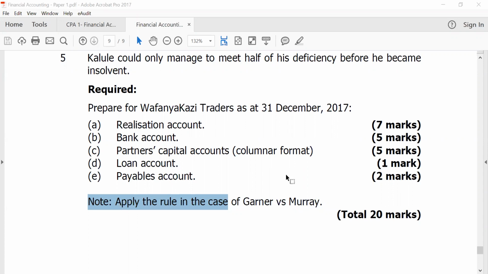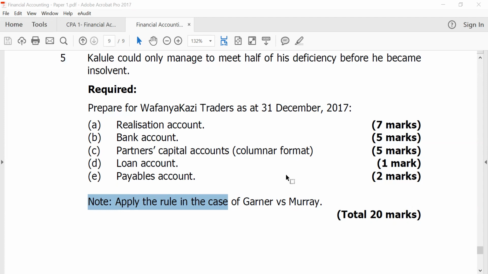And the ruling was that if one of the partners becomes insolvent and is unable to pay the amount due from him, the amount not paid is a capital loss, which should be borne by the solvent partners.